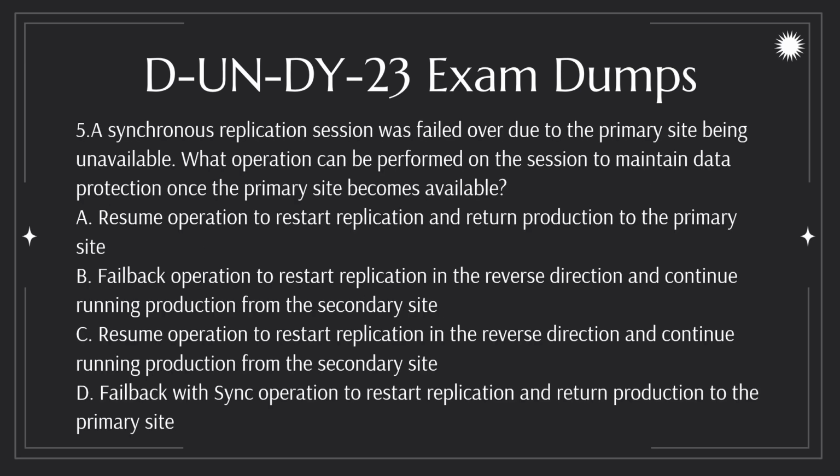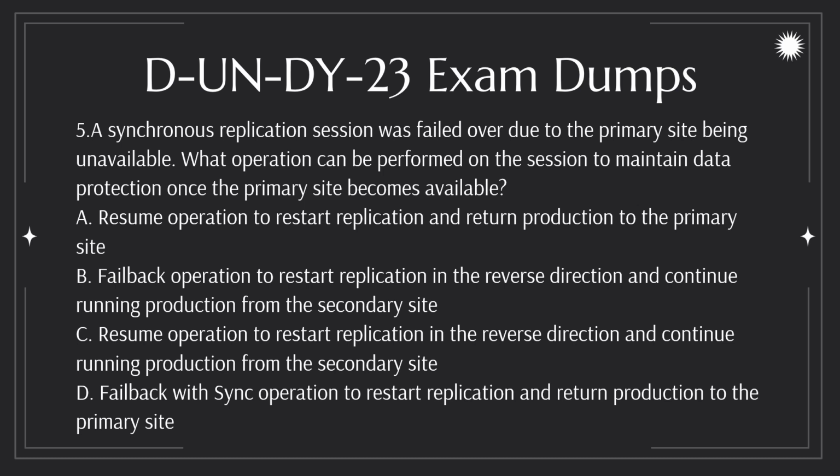5. A synchronous replication session was failed over due to the primary site being unavailable. What operation can be performed on the session to maintain data protection once the primary site becomes available? A. Resume operation to restart replication and return production to the primary site.